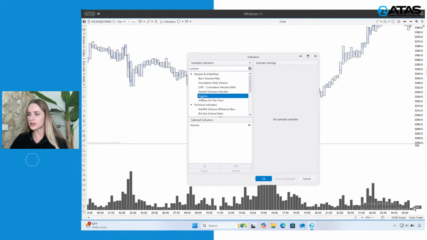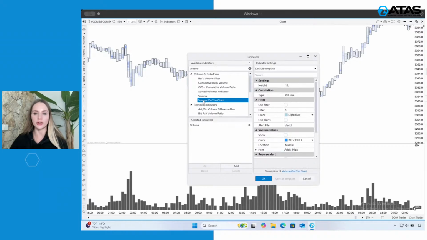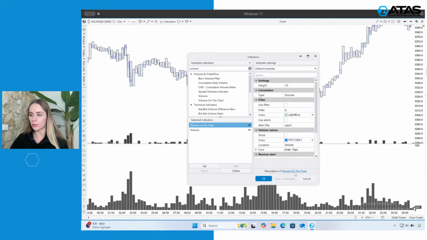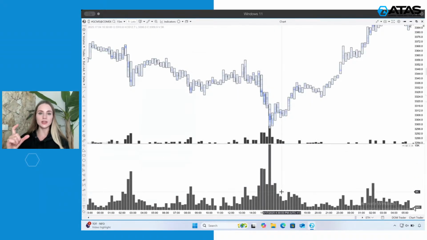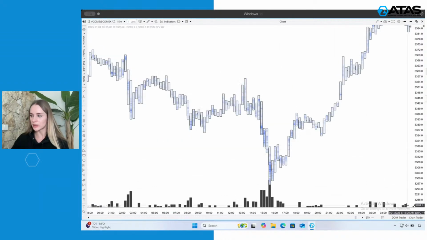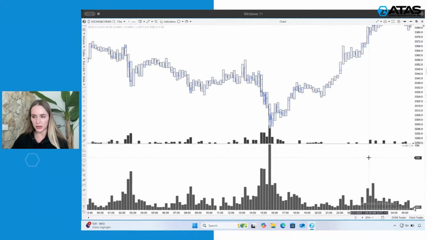You will be able to see the volume and volume on chart. The difference between those is that the volume indicator has a different space, a different part that it's using on the chart, so you can hide it and unhide it whenever you need it. Volume on chart is going to always be visible.